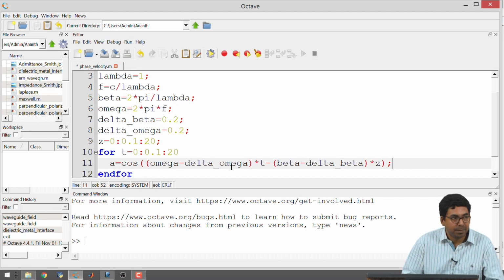This is one wave, and the other one was having omega plus delta omega and beta plus delta beta. That is what we had chosen.